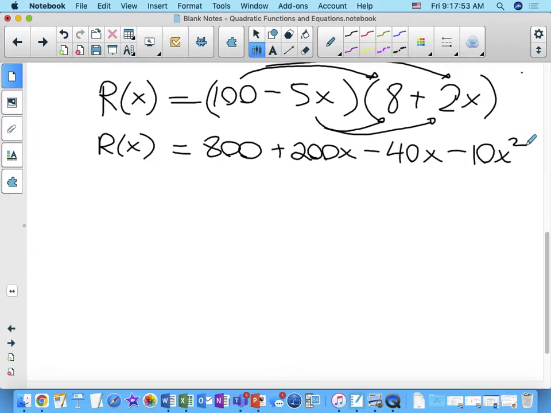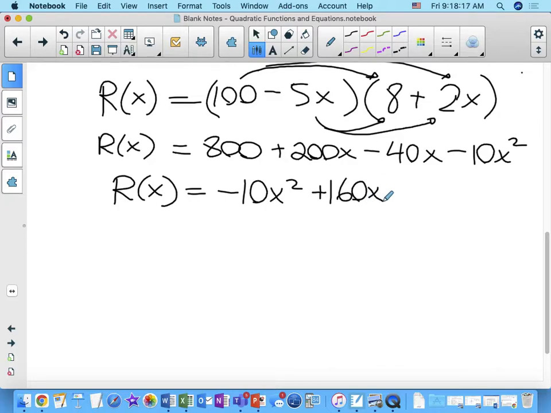Okay, so when I simplify, my function is, and I'm going to also write out the terms in the function in decreasing powers of x. Okay, so I'm going to write the x squared term first, and then the x term, and then the constant. So negative 10x squared, and then 200x minus 40x is plus 160x, and then plus 800.